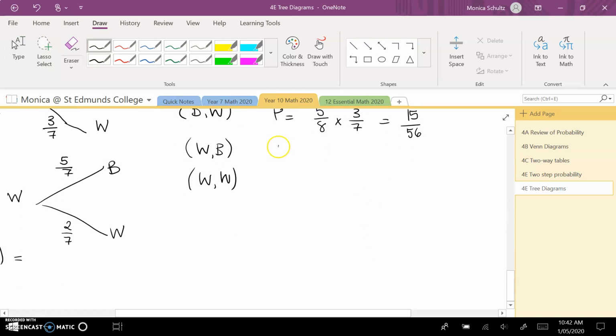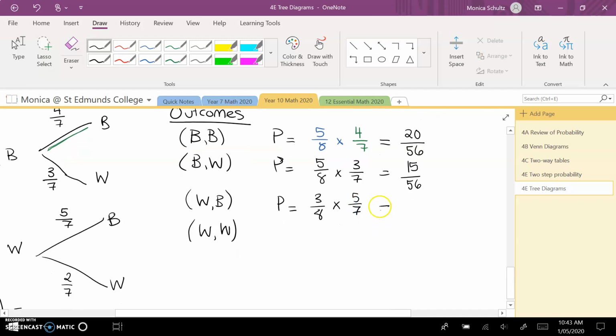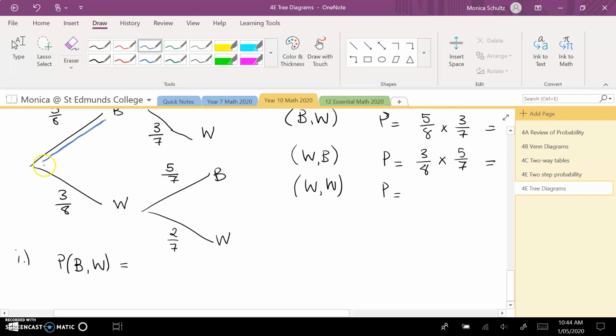So for the next one, I've got 3 on 8, so the probability of getting a white is 3 over 8, times the probability of getting a blue on the second draw, which is 5 on 7. 8 times 7, 56. 3 times 5, 15. So my lucky last one, I'll change the colors again to help you guys track what I'm doing.